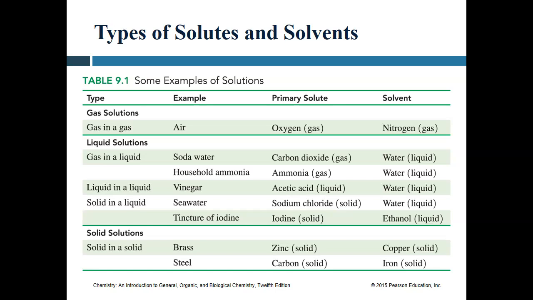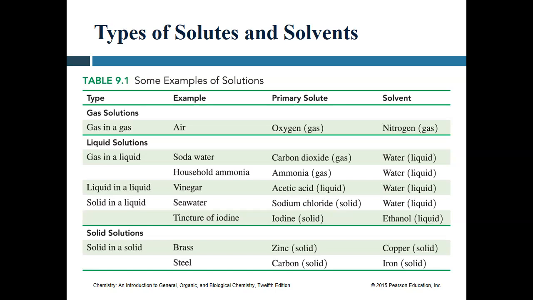Solid solutions, it's possible to have solids in solids. We call those alloys. Brass, a common mixture of zinc and copper. Steel, a common mixture of carbon and iron. Then you throw in other descriptors like stainless steel or galvanized steel, where we throw in some zinc in the mix.